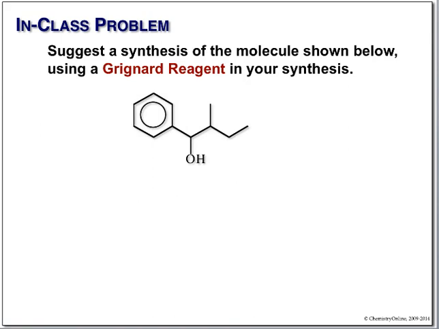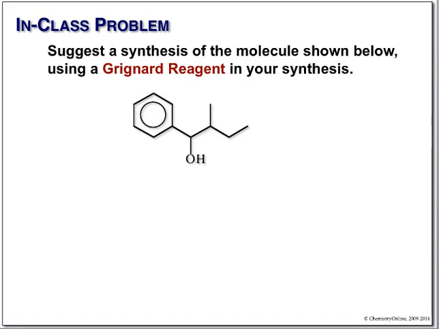What if I tell you, I want you to do a synthesis here using a Grignard reaction to make this alcohol. Now there are two ways that you can do this. On an exam, I will typically ask you to show both pathways.